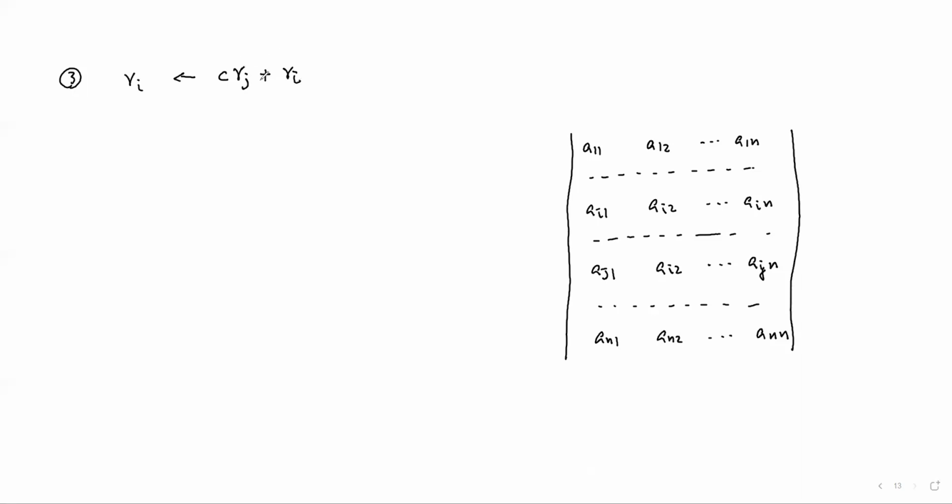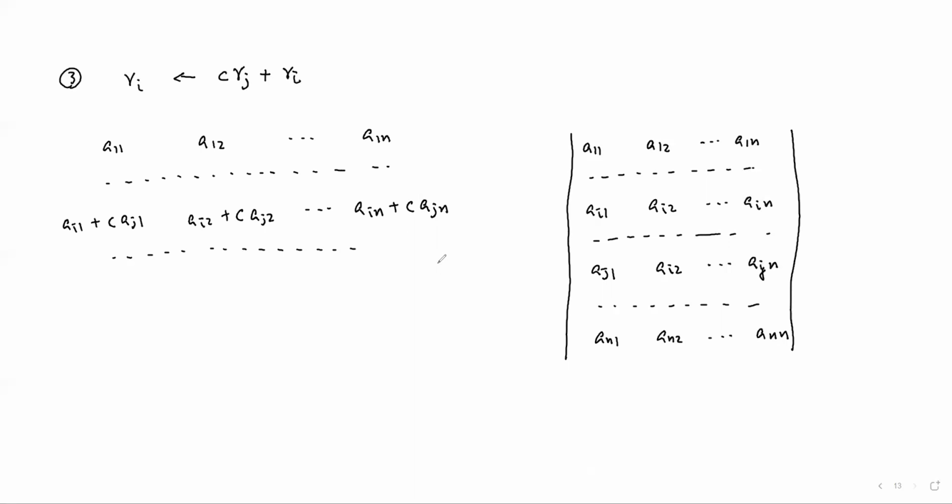Now I perform this operation on this determinant: a number C times row J added to row I. Then row I is AI1 plus C AJ1, the second entry AI2 plus C AJ2, and so on, the last entry AIN plus C AJN. Only row I changes.